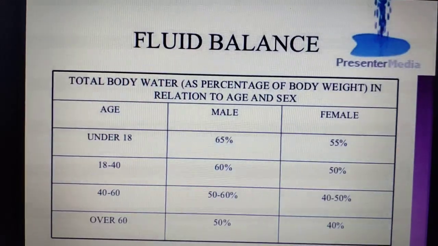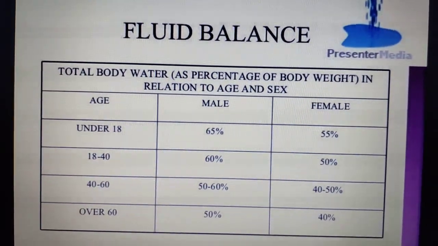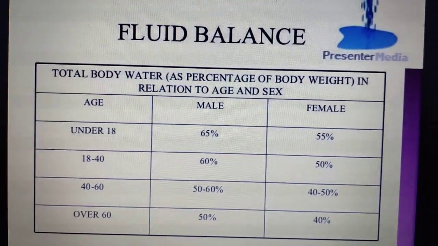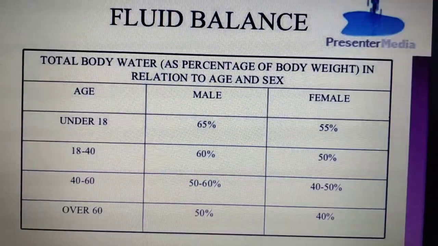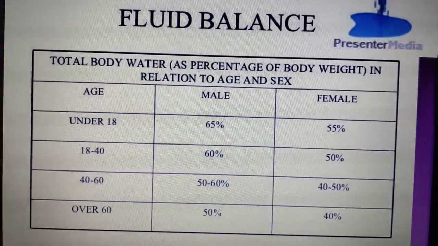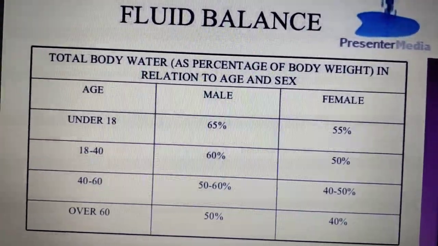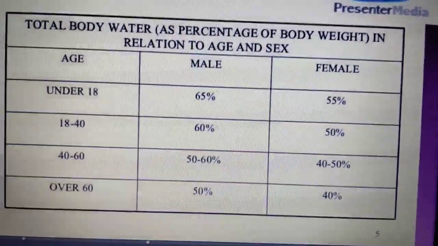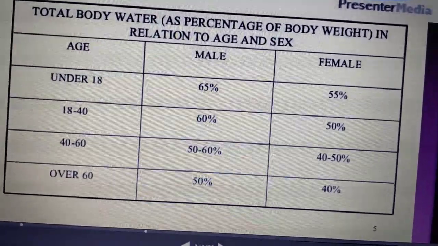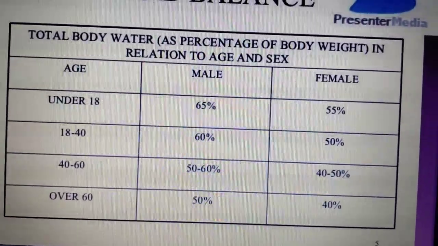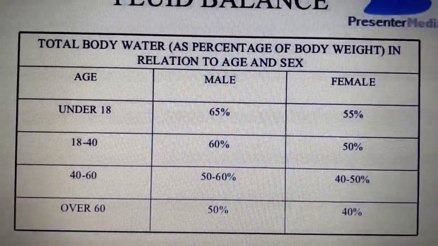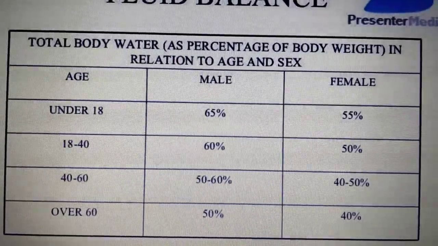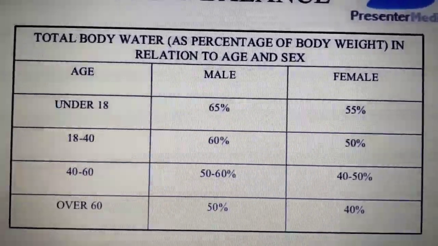Okay, a small review here. Fluid balance is normal according to the body age and the sex. What is the total body water? For example, take a male and female. Under 18 years, the composition of water in the body is 65% in the male, whereas in the female it is 55%, isn't it?